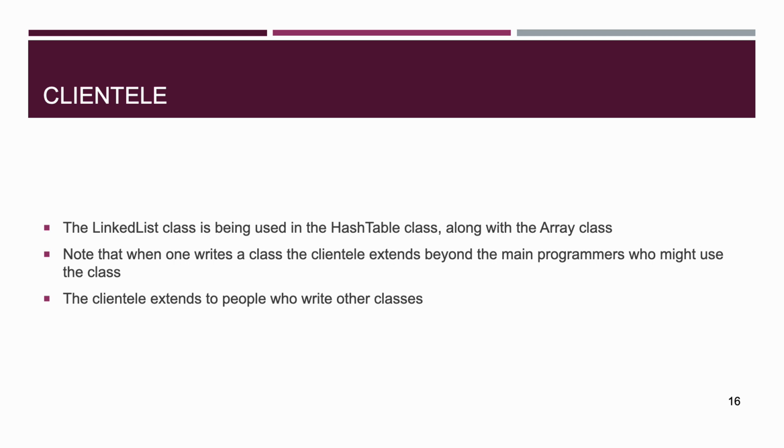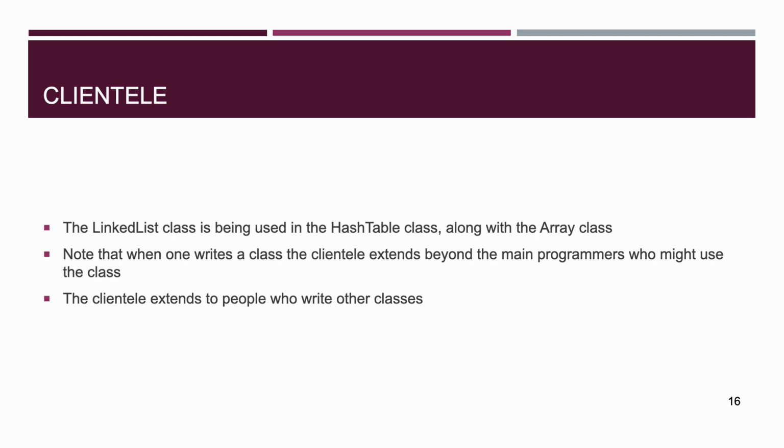When we create a class like hash table, the clientele extends beyond the immediate team of programmers. It's important to design the class in a way that's accessible and adaptable, not only for the main developers who directly use the class, but also for others who might integrate or extend this functionality in the future. The clientele also includes developers who may write additional classes that depend on or work with hash table.